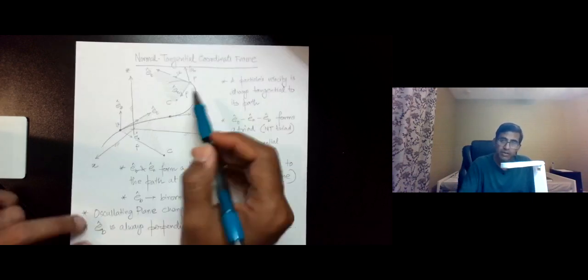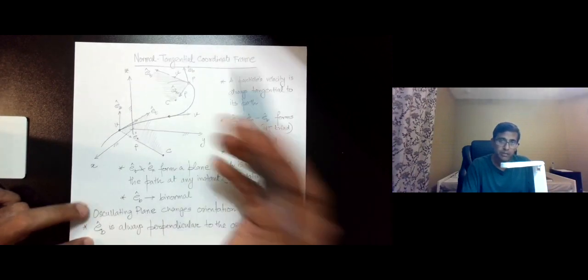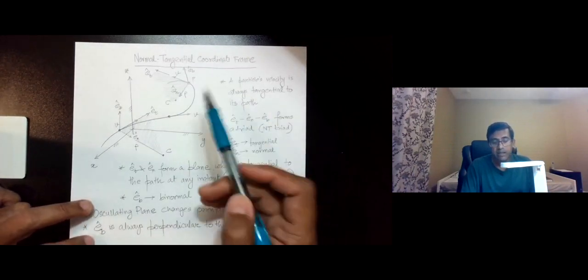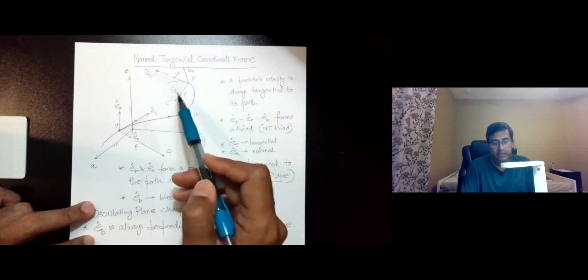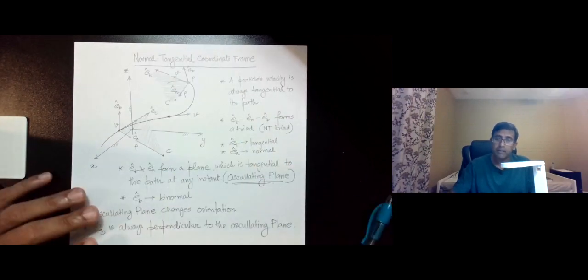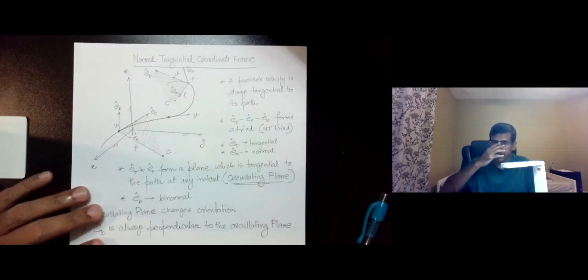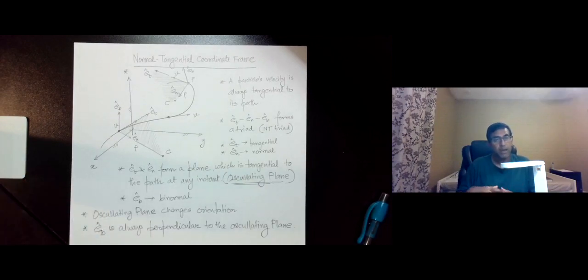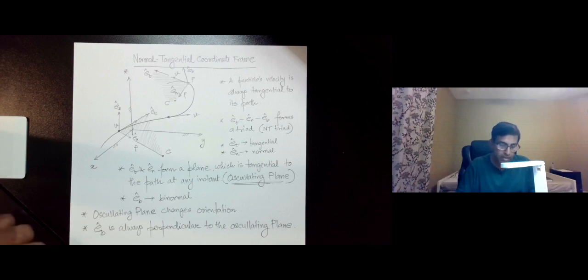You can see over here EB is perpendicular to the osculating plane simply because EB is binormal. It is normal to both the tangential and the normal vector, and since the osculating plane is the plane formed by ET and EN, EB is by definition perpendicular to the osculating plane.